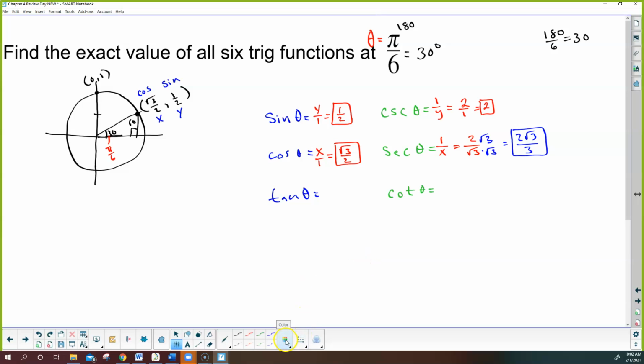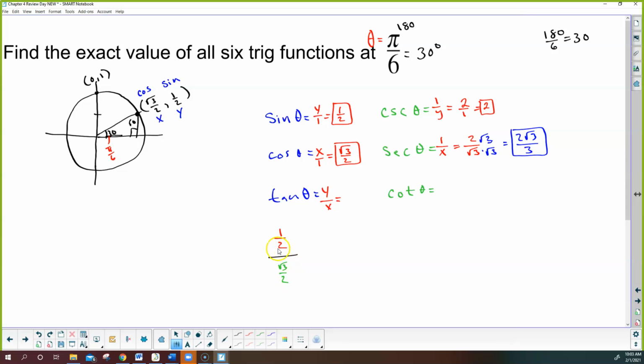Okay? And then tangent is the tricky one. Tangent and cotangent. Tangent is the sine over cosine. So it's y over x. Now, I'm going to do some side work here. What if I put y over x?